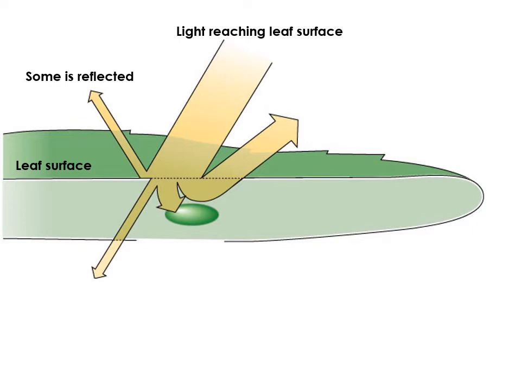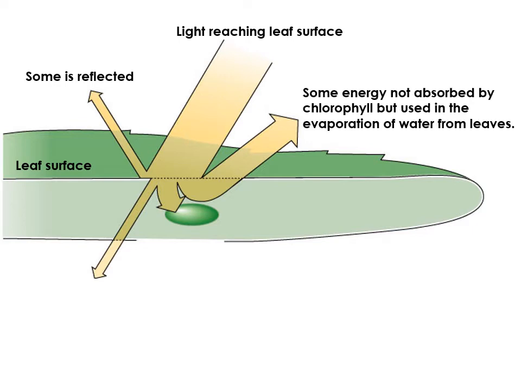So you know already the wavelength, or the colour of light that is reflected, because that's why the leaves are green. So the green light is reflected. So those wavelengths aren't utilised at all in the process of photosynthesis because they're reflected by the chlorophyll. Some of the energy is not absorbed by the chlorophyll, but it's used to evaporate water, so that energy is lost.